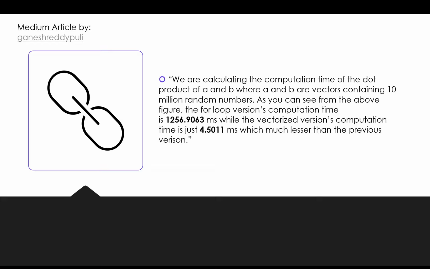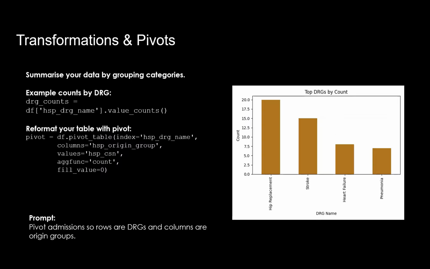But the same operation, getting to the exact same end result by doing it vectorized or essentially in a data frame and applying the math that way, it took that 1200 milliseconds down to 4.5. So it's incredibly more efficient for your computer to be able to process this information and apply mathematics to it.